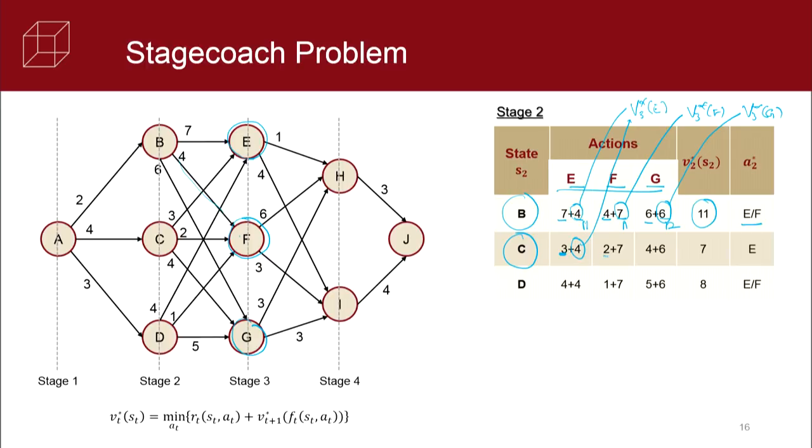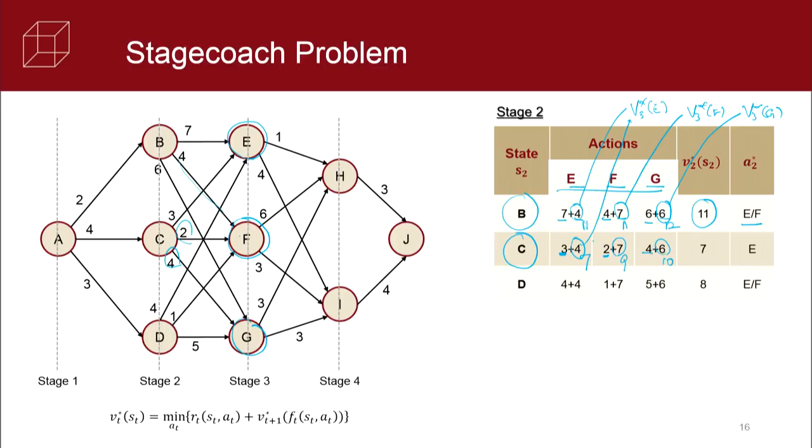You can do the same thing if you choose the action F and G respectively. The 2 and 4 are the immediate cost, and then you need to consider the future impact as well. So that is 7, 9, 10.